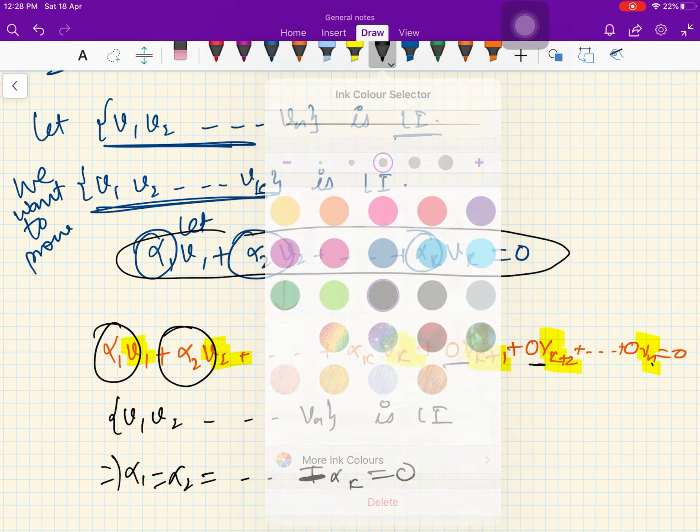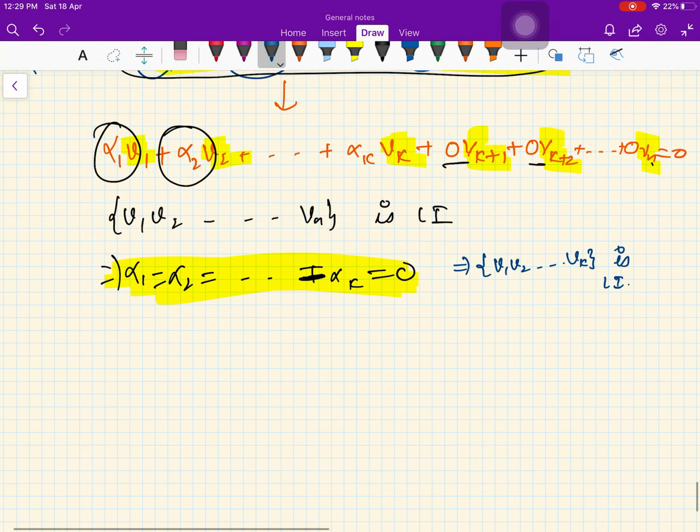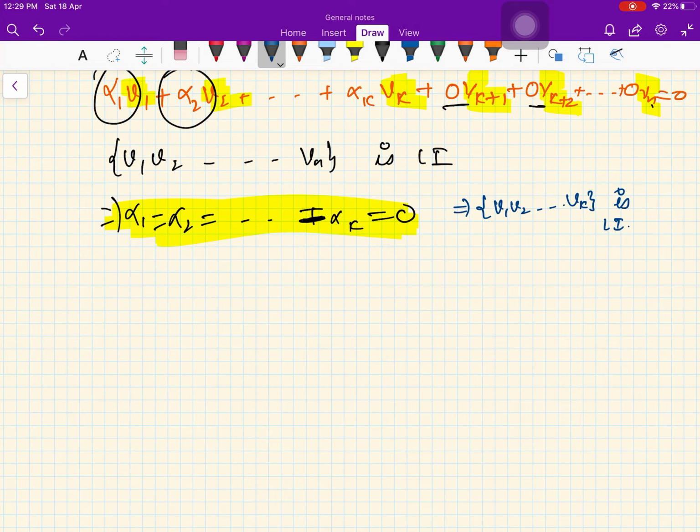So whenever alpha 1 v1 plus alpha 2 v2 plus ... alpha k vk is 0, you get alpha 1 equal to alpha 2 equal to ... alpha k equal to 0. It implies this set v1, v2, ..., vk, which is a subset of the linearly independent set, is linearly independent, right?